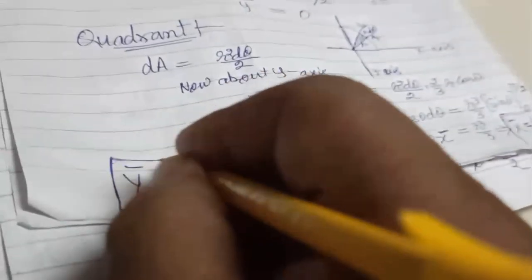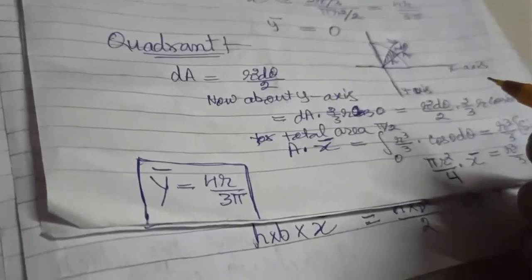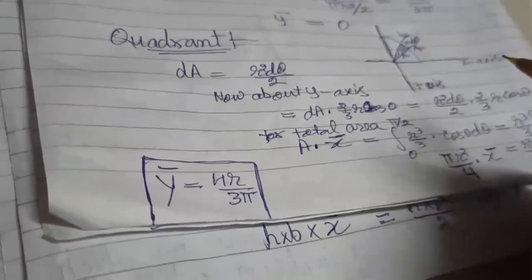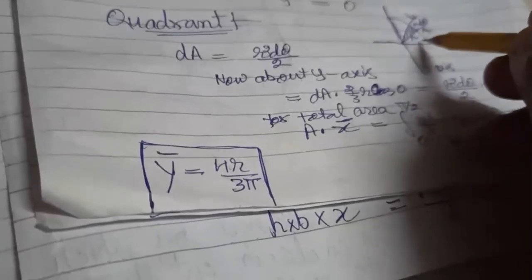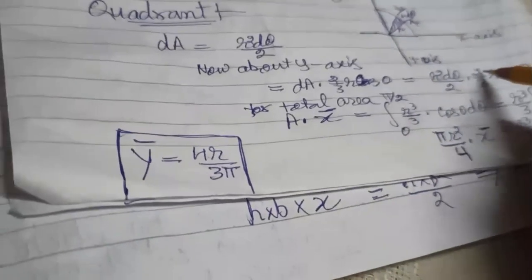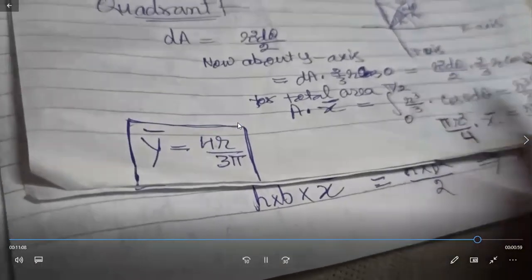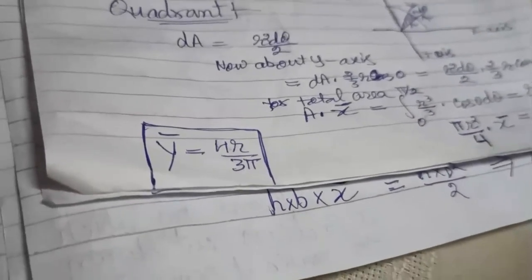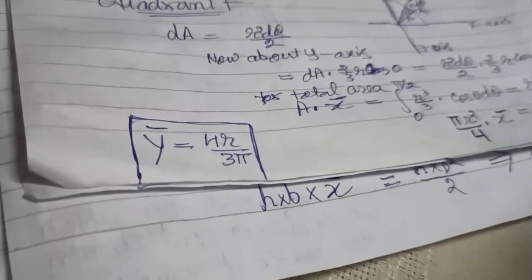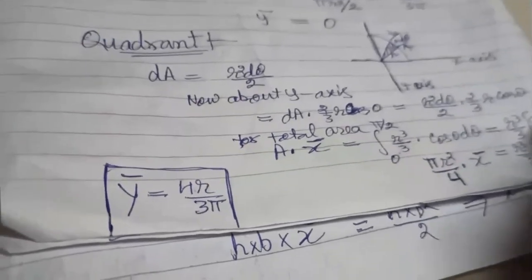For this, we will take the moment about the x-axis. For the moment about the x-axis, the vertical distance is required. The vertical distance will be 2/3 r sin theta. The limit will be the same. In place of sin theta, here cos theta will be there, with a minus sign.